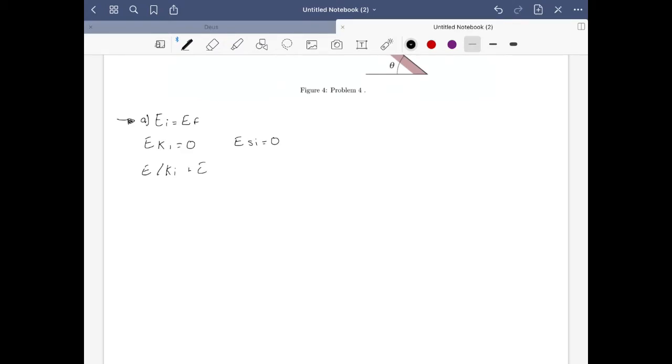So now we rewrite the equation, and once we have rewritten it, we only have four terms.